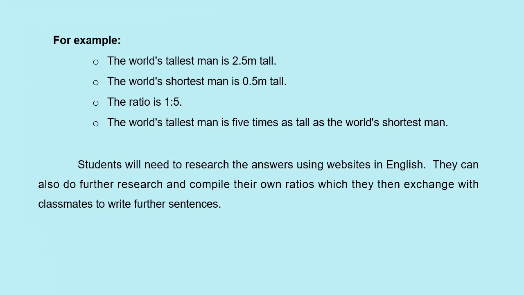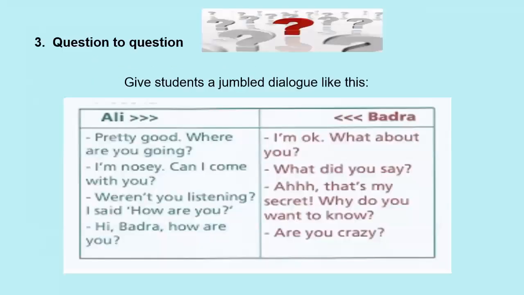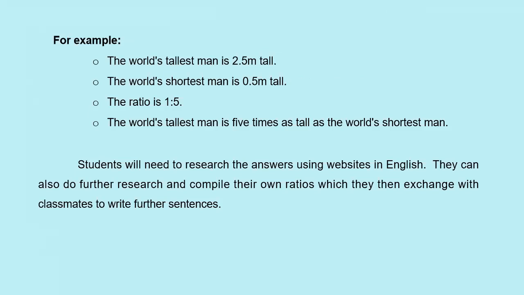They can also do further research and compile their own ratios, which they then exchange with classmates to write further sentences. The purpose of this activity is to get learners to think logically and critically, to use their general knowledge, and to practice comparative forms.